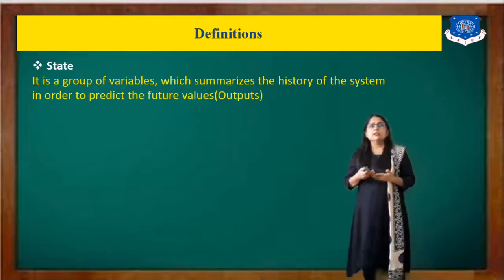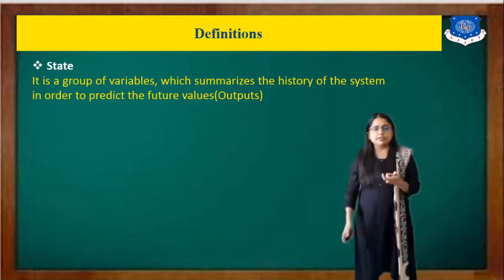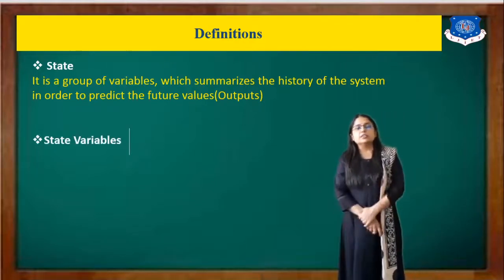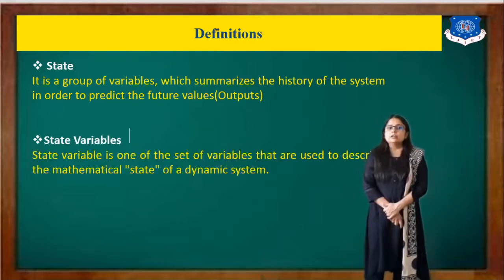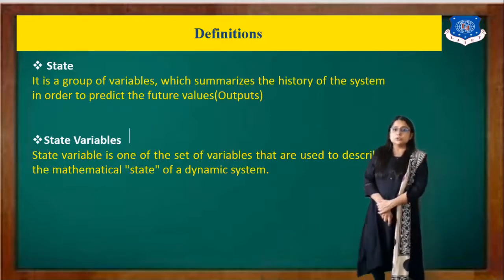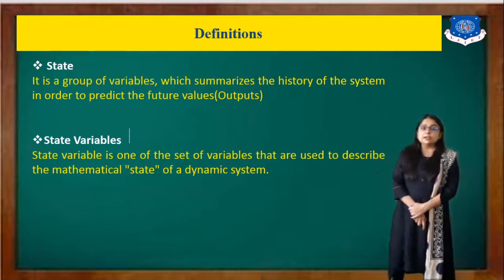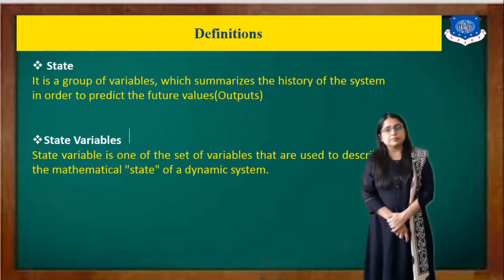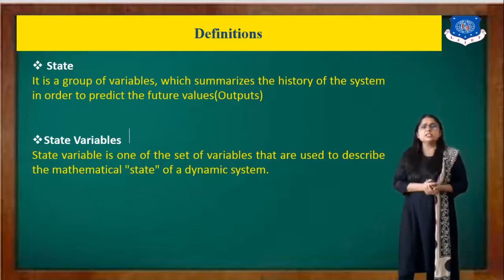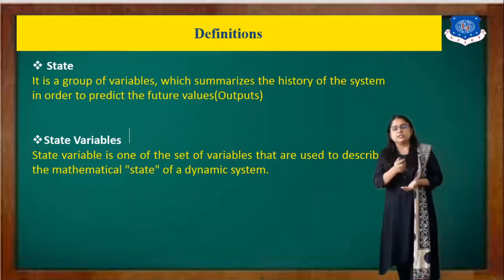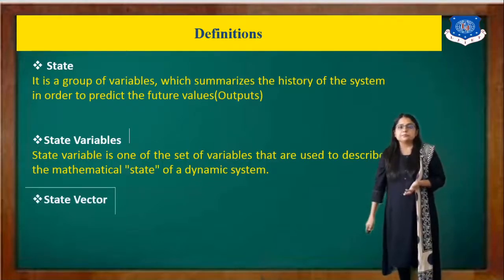To represent that, we require a group of variables, known as state variables. State variables are a set of variables used to describe the mathematical state of a dynamic system. Using these, we can mathematically represent the state of the system.